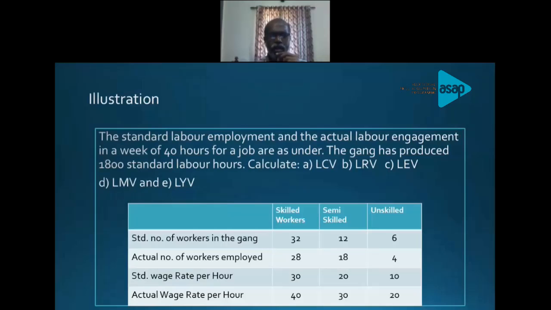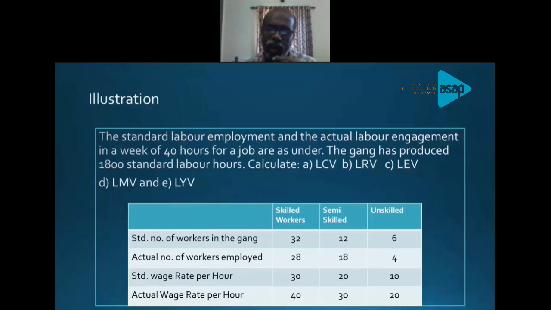Standard wage rate fixed was 30 in case of skilled, 20 in case of semi-skilled, and 10 in case of unskilled. And actual wage rate per hour is 40, 30, and 20 respectively. Have we completed the question? All of you must take it down so that we can solve it one by one.